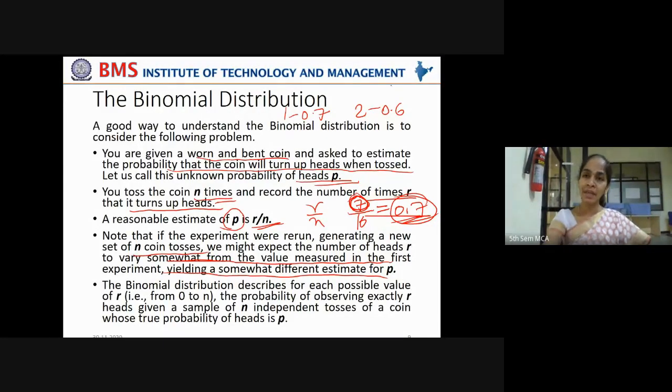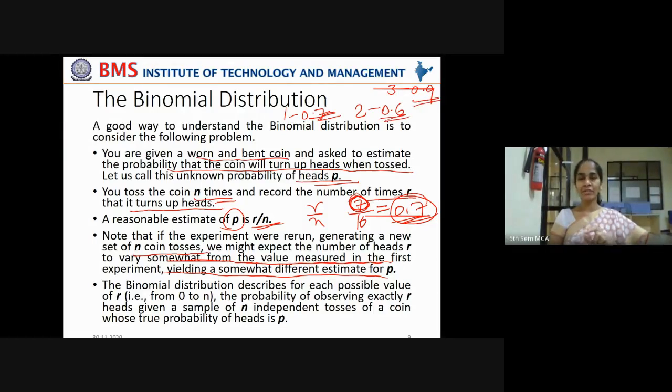And I performed the same experiment a third time, a 10 coin toss experiment. Now I have observed 9 heads. So the probability associated with the number of heads is 0.9. Now what did you observe here? Is each experiment's outcome different or not? It is not always the same. First it is 0.7, next it is 0.6, next it is 0.9.